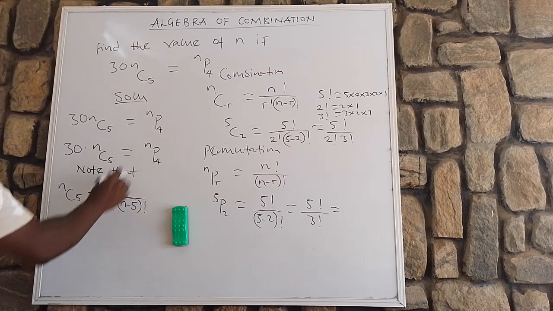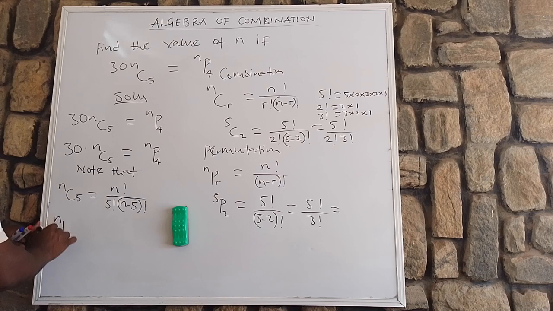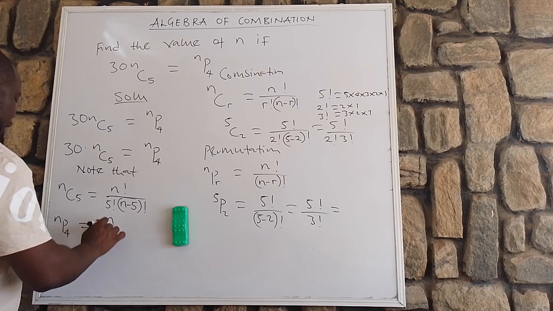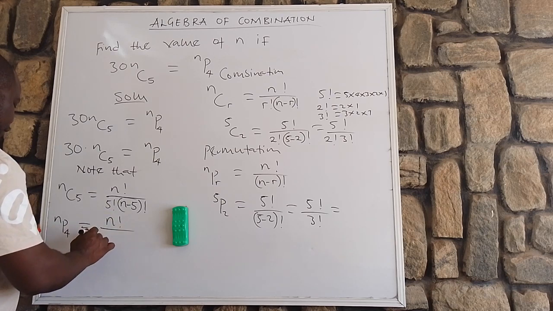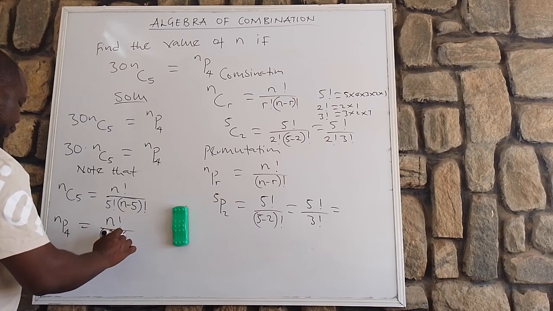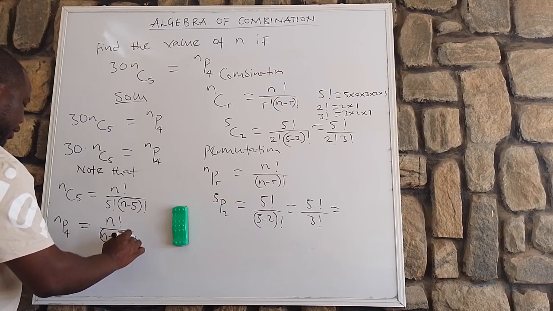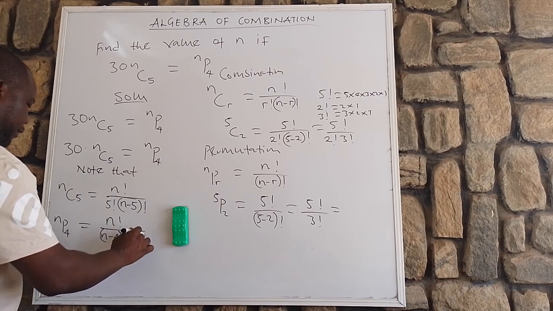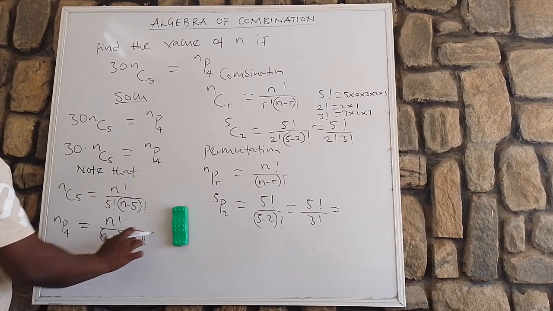Then our n permutation 4 will now be n factorial all over (n minus 4) factorial, which expands as n minus 4 times n minus 5 times and so on.